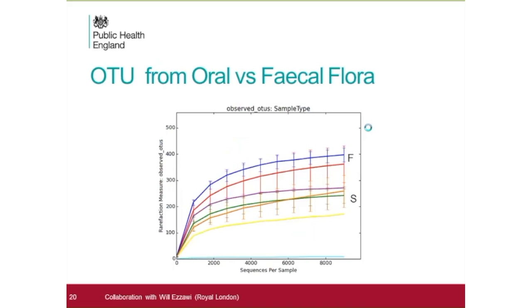And what we wanted to do is try and define whether, in the fecal sample, any of the taxonomical groups may arise from the saliva or the mouth. When we refer to a fecal sample, we refer to everything down the alimentary canal from the stomach all the way down to the cecal, and what is excreted in the fecal sample.